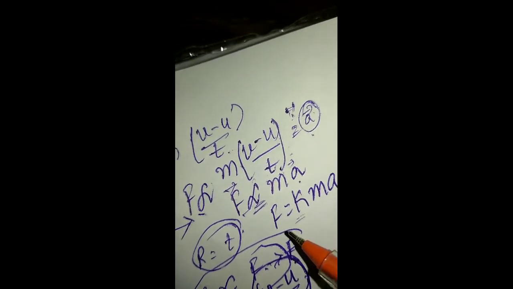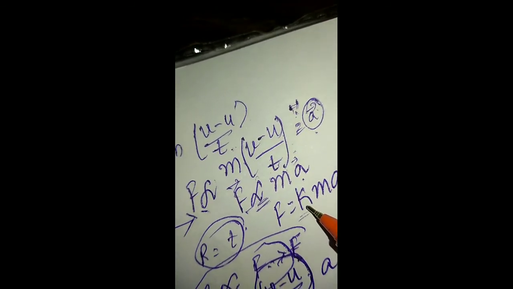To remove this proportionality constant, we will be using k. So f is equals to kma. So k here represents the proportionality constant. So that is f is equals to ma. This is Newton's second law of motion.